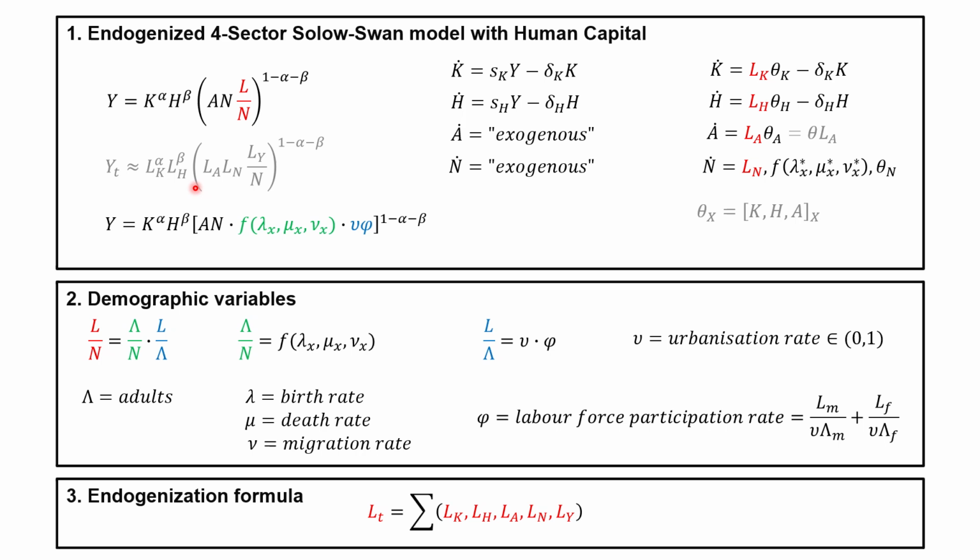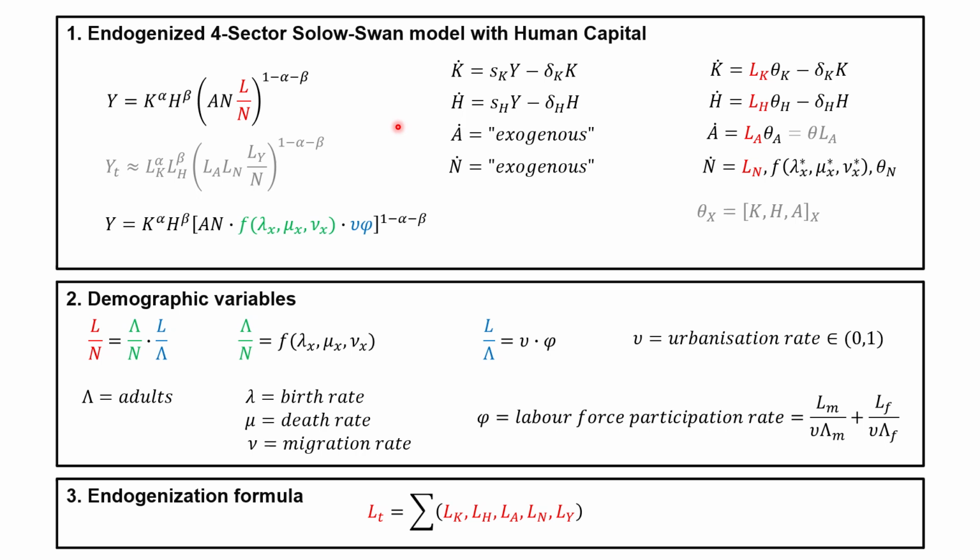And so in terms of full endogenization, we can think of the production function as output being a function of labor time allocated to physical capital, labor time allocated to human capital, and labor time allocated to technology and population, together with the various elasticity variables there.